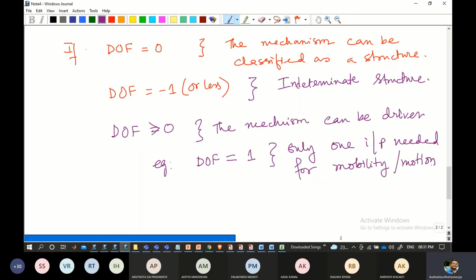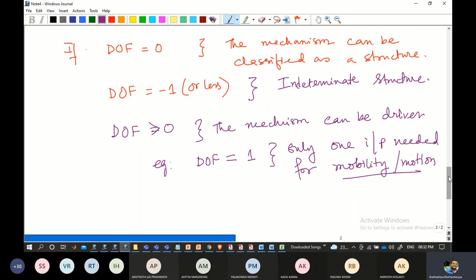So whatever the given mechanical structure or mechanism that we are discussing, if it needs to move, only one input is enough. That is the significance of finding the degrees of freedom for that particular mechanism. If it is DOF equal to 2, it means 2 inputs are needed to move, so you have to arrange for the 2 inputs somewhere down the line. That is basically the beauty of finding the DOF with respect to the Kutzbach criterion.